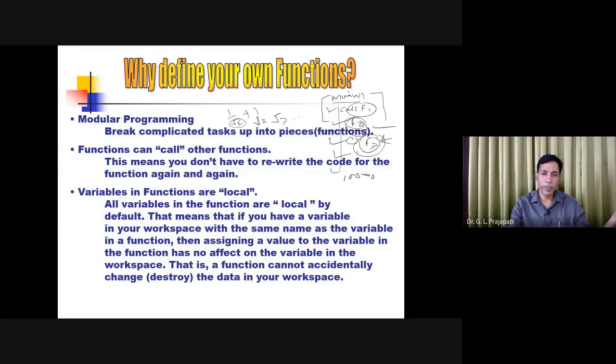Every time you don't need to write the script for computing the square root. You have a built-in function, and if you have your own function, you can just call it everywhere.